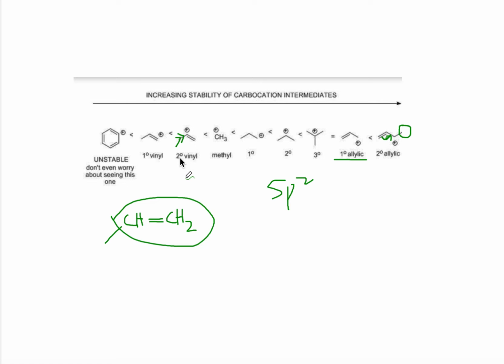But in secondary vinyl, we have carbocation with sp hybridization. You know, in sp hybridized carbocation, the s character is greater as compared to sp2. Here the s character is 50%, whereas in sp2 hybridization we have s character around 33.3%. So the increasing s character destabilizes the carbocation rather than supporting the stability of the carbocation.